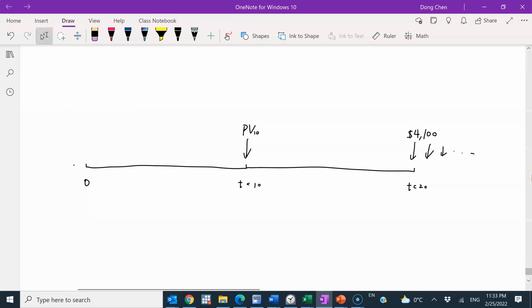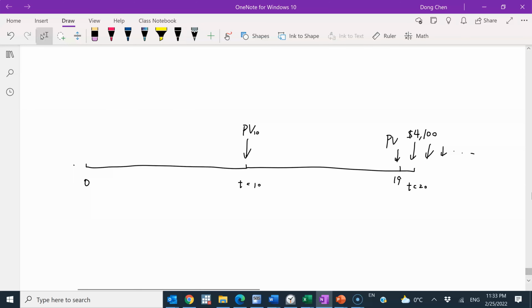So what we can do is, again, make sure we're standing here at 19. When we are standing at t equals 19, the first payment, which is t equals 20, will start 1 year, 1 period from now. So then we can use that formula to figure out the present value.